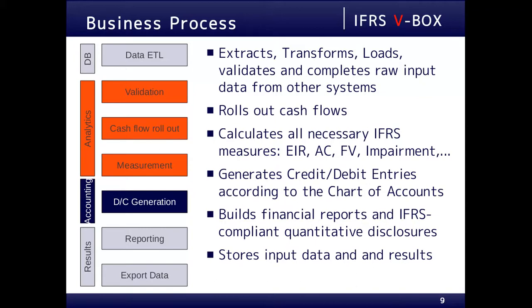Using the measures, the debit credit entries and the general ledger balances, the system is now ready to produce the IFRS reports, the quantitative disclosures, as well as to export data to further systems like the bank's data warehouse.